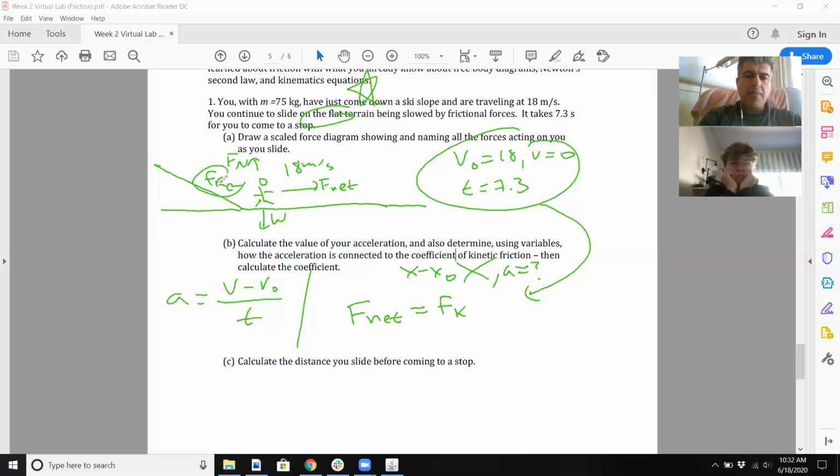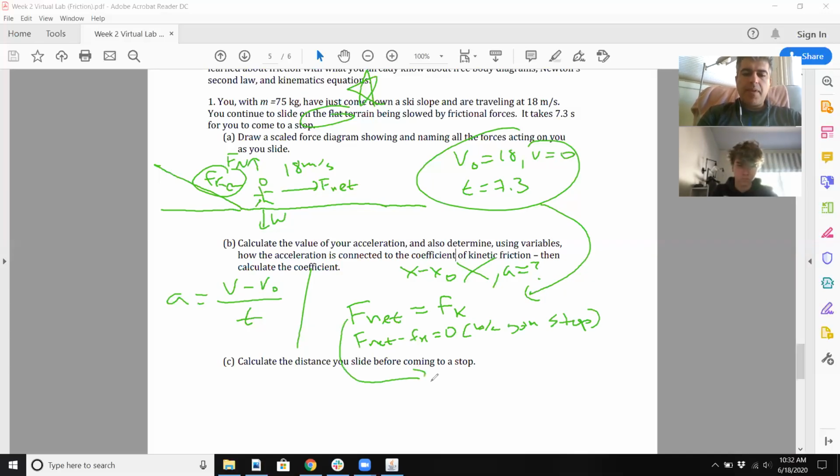I forgot to write FK as well for part A, because you do have friction, obviously. So F net minus FK is going to equal 0, because you stop.